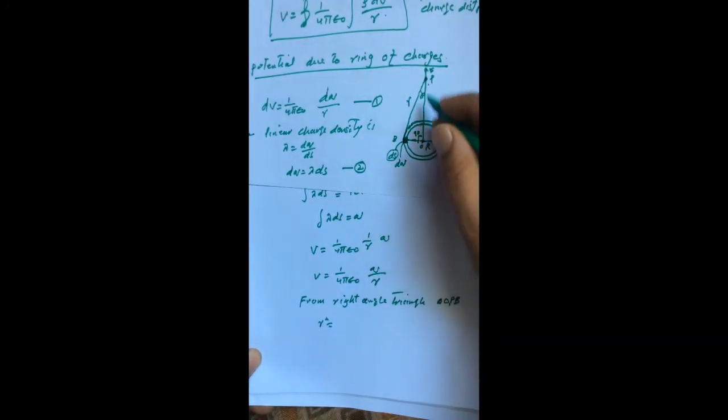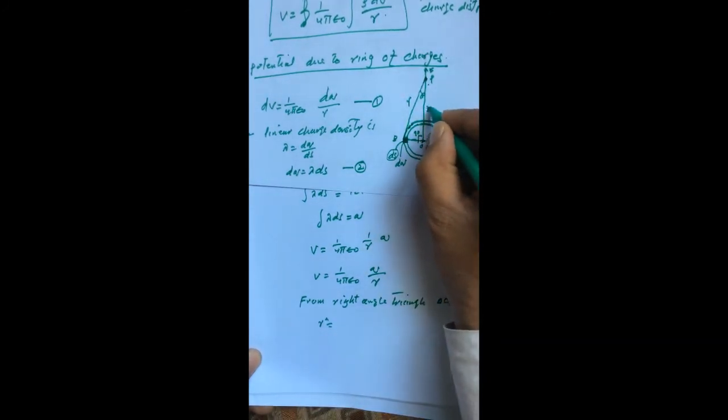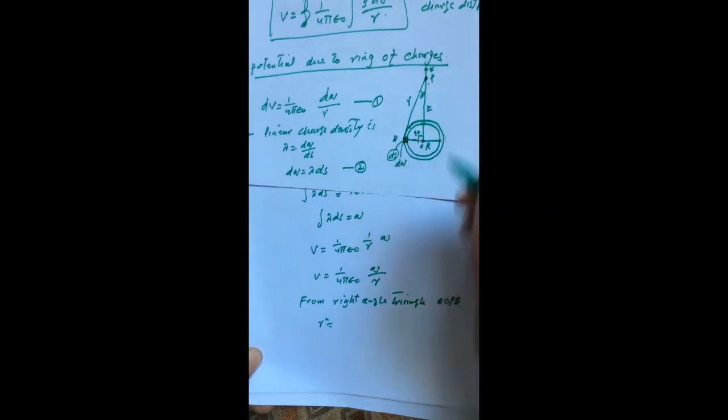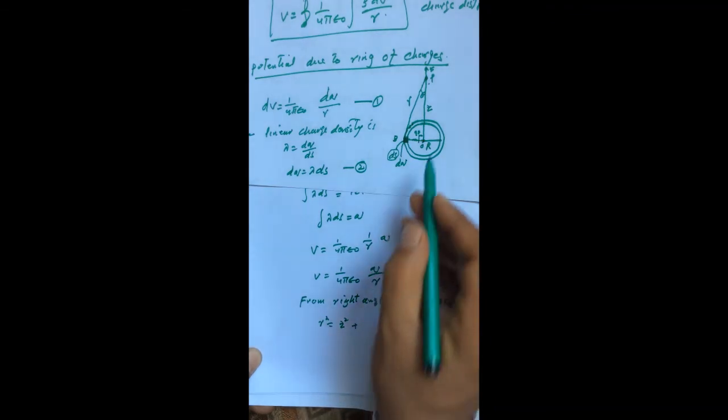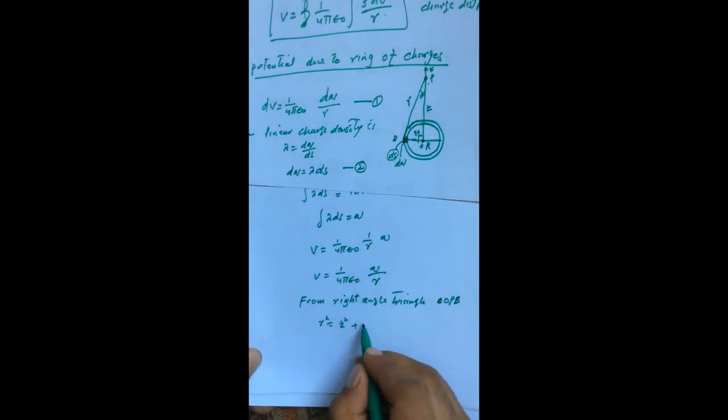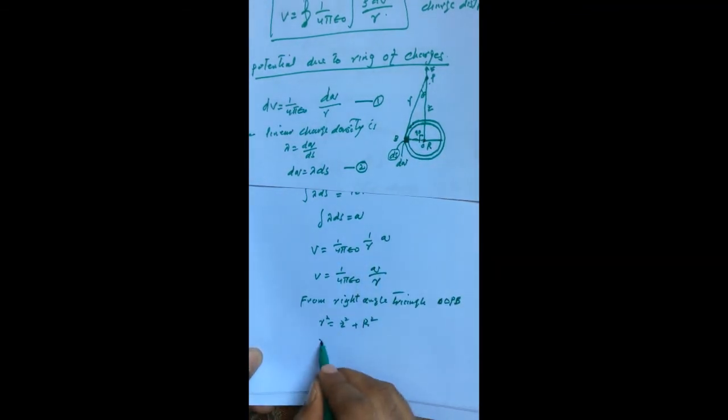Base is from this point to this point, this distance is z, because this is along the z axis. So z square plus this distance, which is the radius of the ring, R square. So r is equal to the square root of z square plus R square.